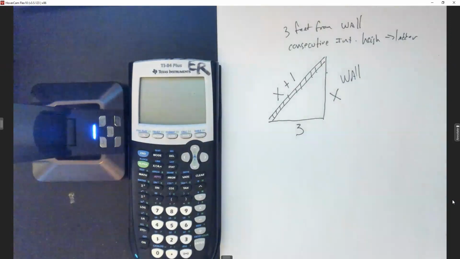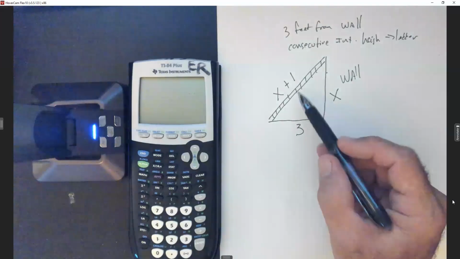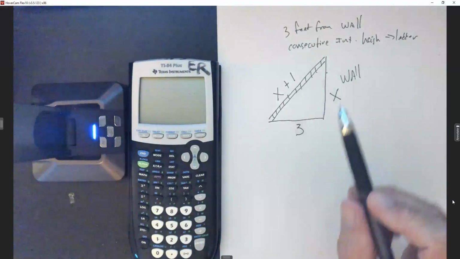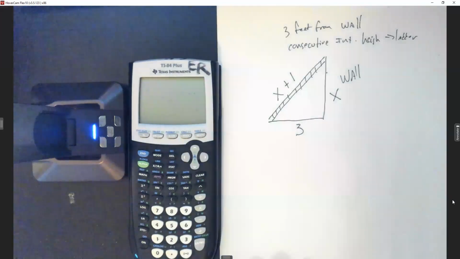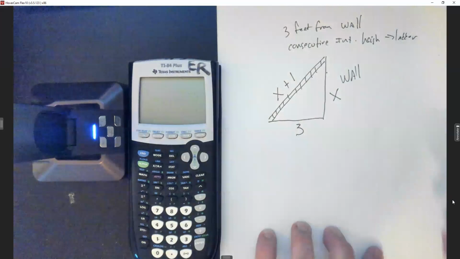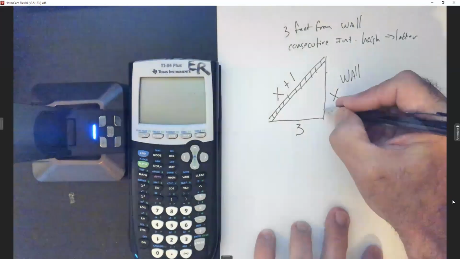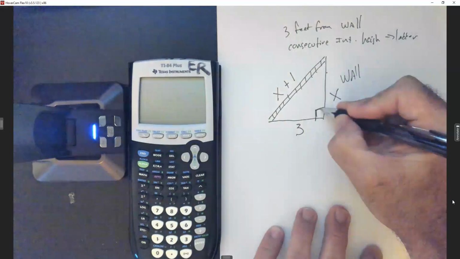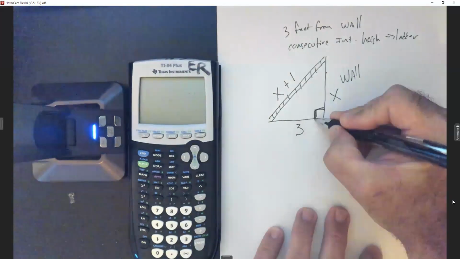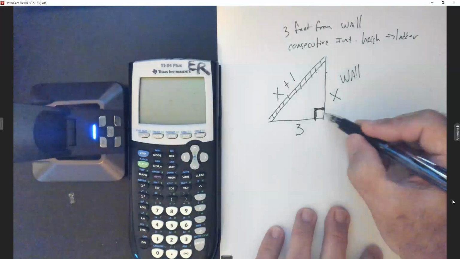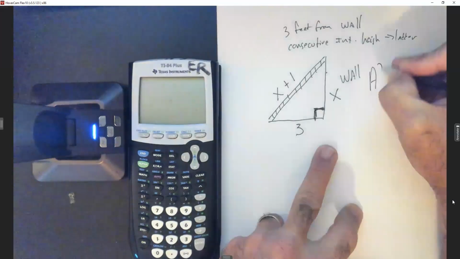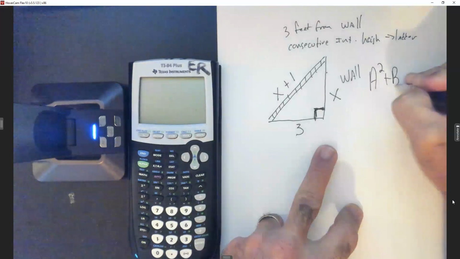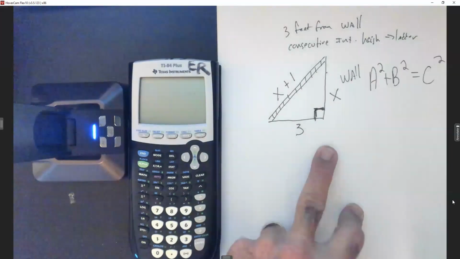And y'all should set up really close to this. You might have an x plus something else here, and then this 3 might not be a 3, but you would be really, really close to that, okay? But again, it looks like a right triangle. And that's the whole reason we're using the Pythagorean theorem, is because we got what we call a right triangle that has a 90-degree angle, okay? So Pythagorean theorem said a squared plus b squared is going to equal c squared.